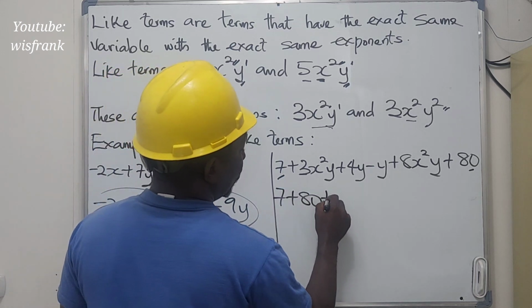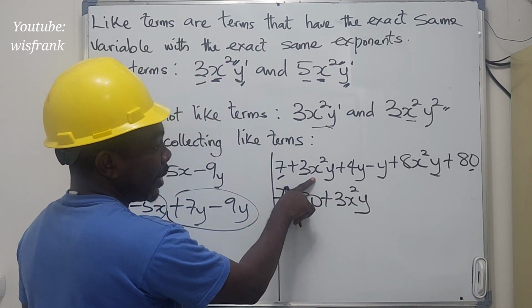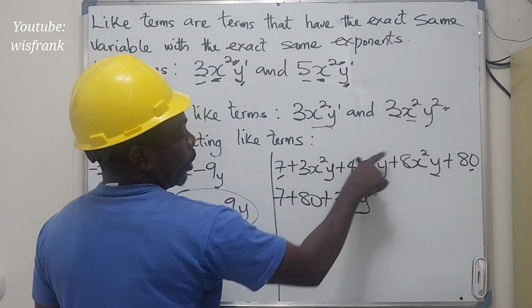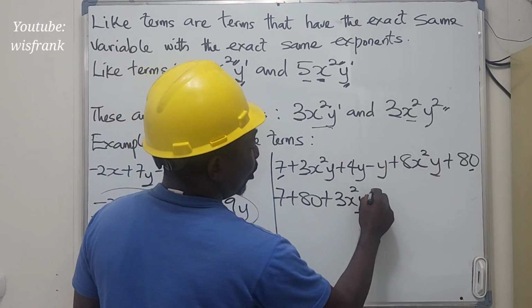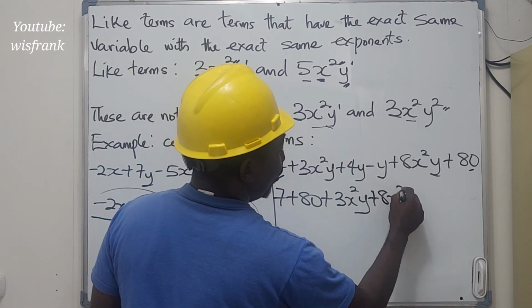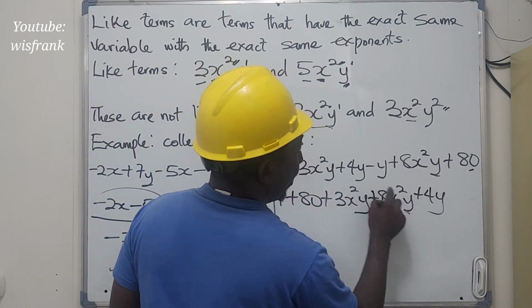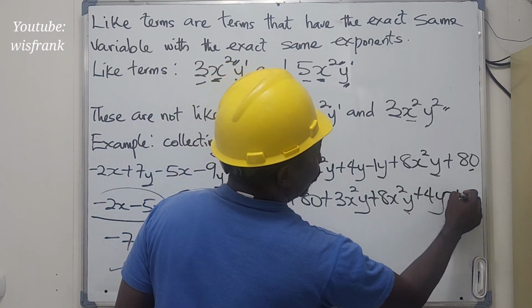Then we pick down plus 3x to the power of 2y. The next like term is this one, because we have x to the power of 2 here and x to the power of 2 here, and y to the power of 1 and y to the power of 1. So bring down plus 8x to the power of 2y. The next one is plus 4y. Then we have this, which is the same thing as 1y, then minus y.